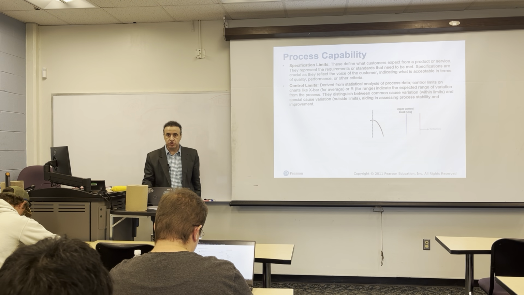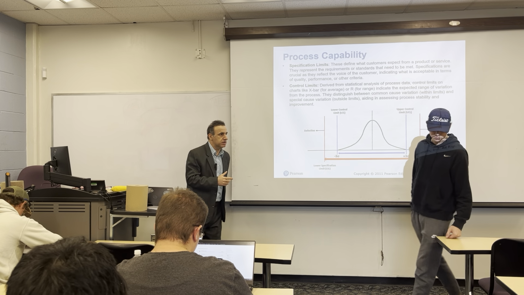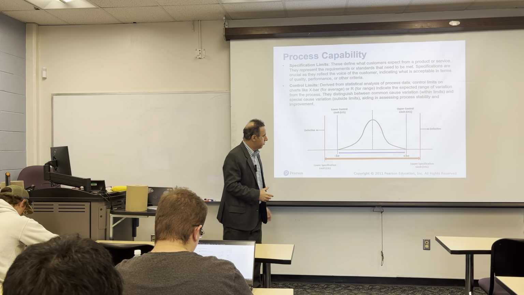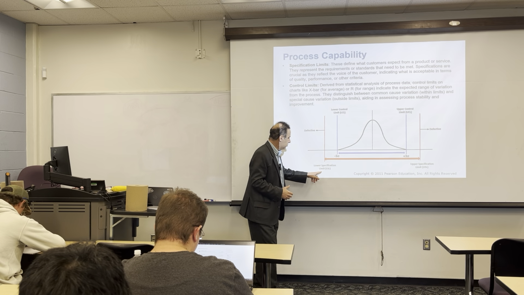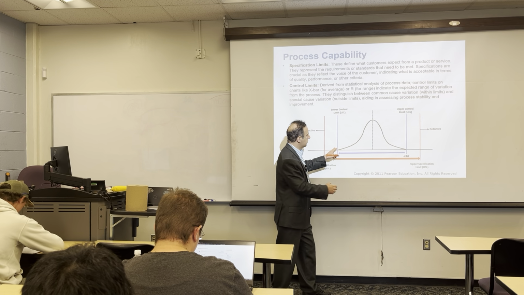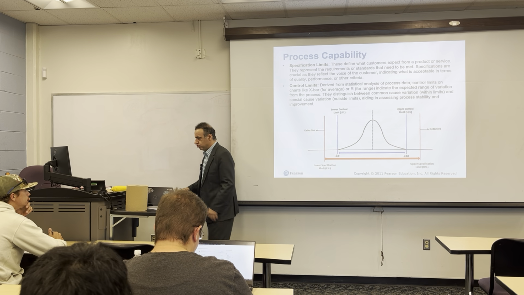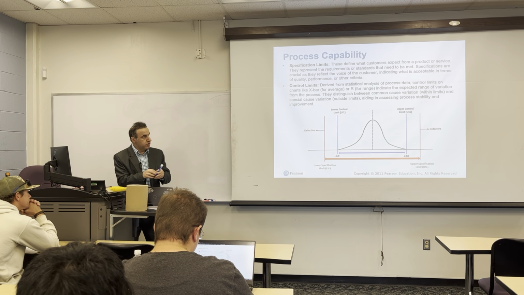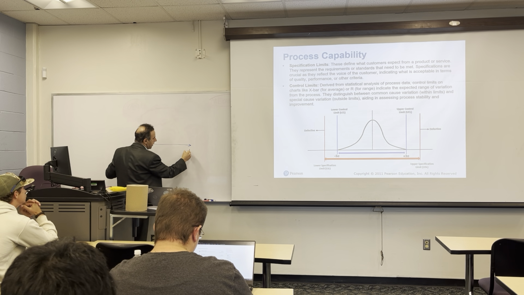So if we plot the control limits and the specification limits, we're going to have something like this. And we have different abbreviations for each one. Lower control and upper control. This is where we had that chart. Remember, this is time.